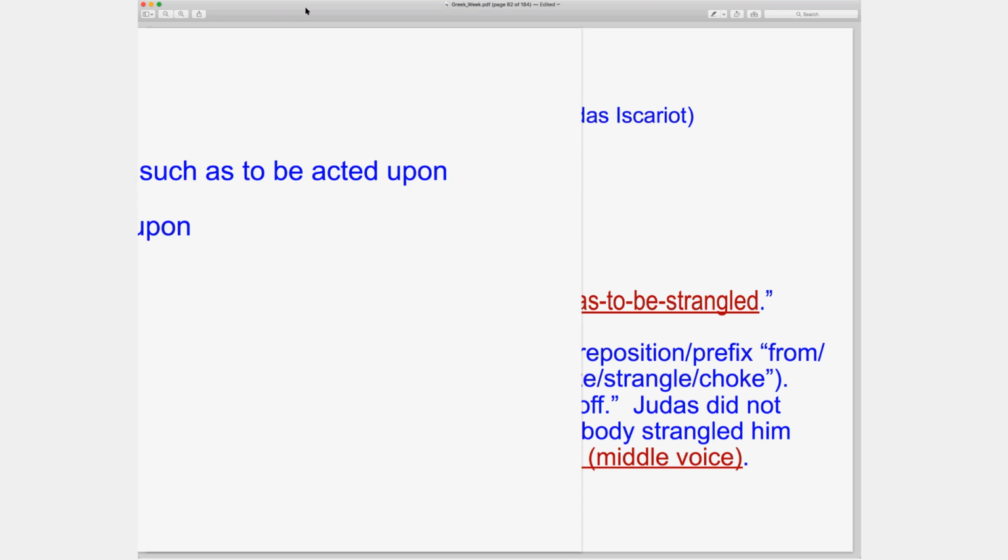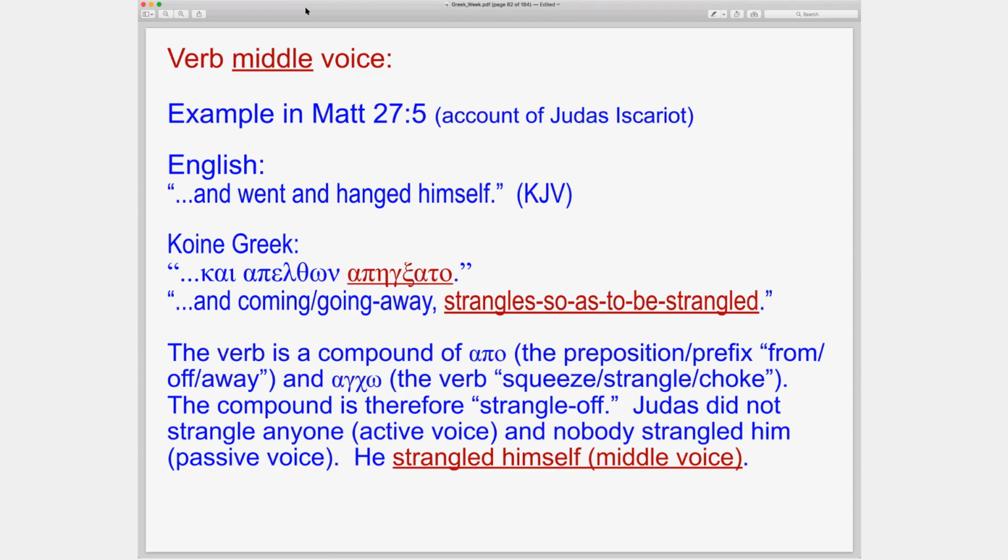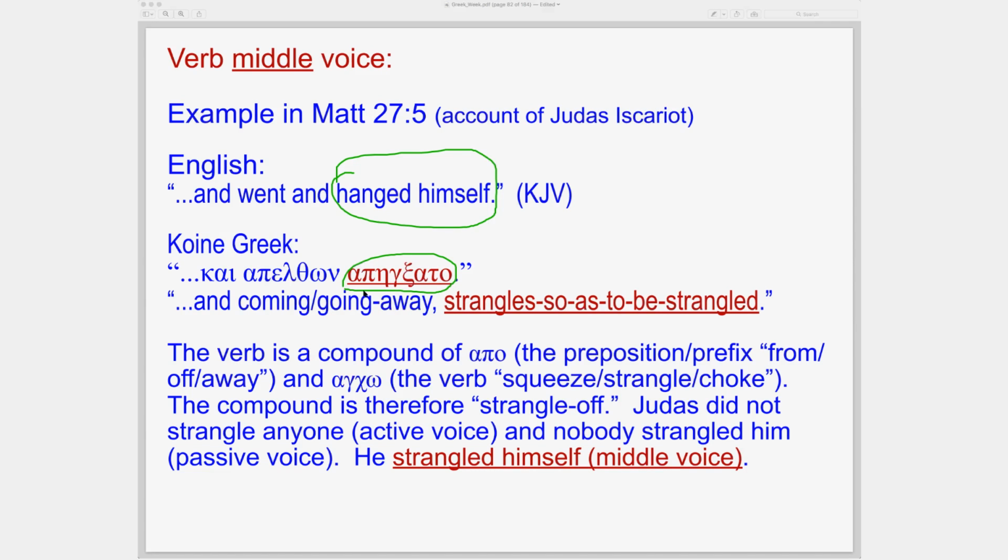Okay. Middle voice. Here's an example. Judas went and hanged himself. In English, we would say "hanged himself," two words. In Koine Greek, there's one word.